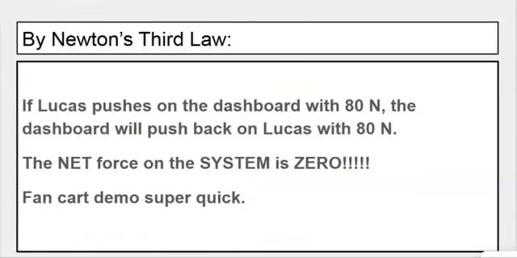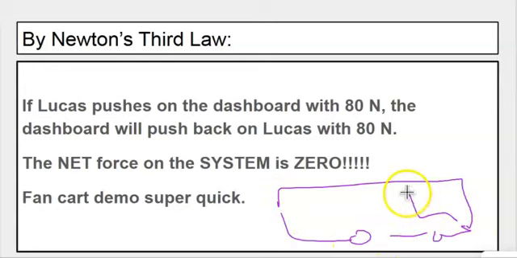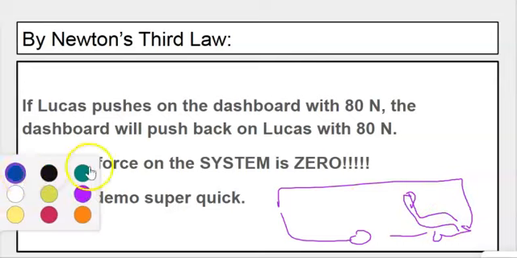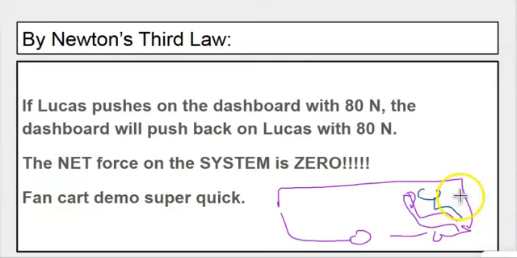Okay, hopefully this makes sense to you, even if you got it wrong. By Newton's third law, if Lucas pushes on the dashboard with 80 newtons, the dashboard pushes back on Lucas with 80 newtons. So the net force on the system is 0. If we zoomed in inside the car, and this is Lucas, and he pushes on the dashboard with 80 newtons, then the dashboard pushes back with 80 newtons, and those two forces cancel.